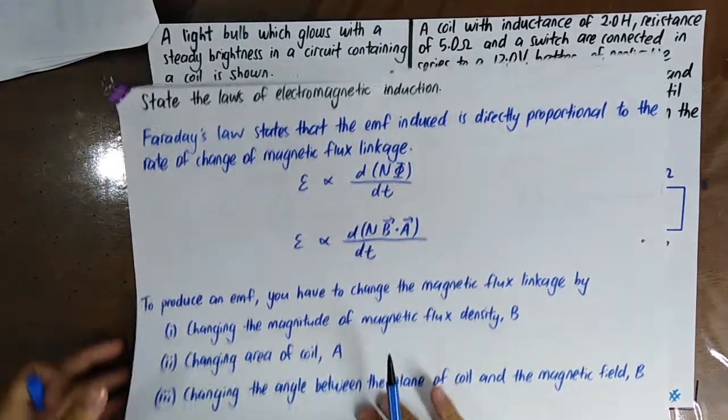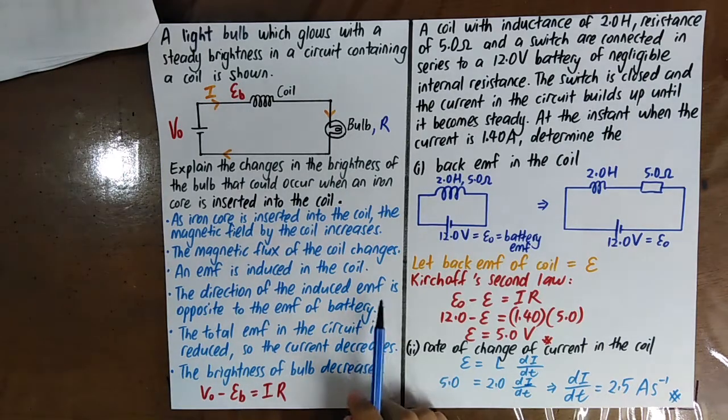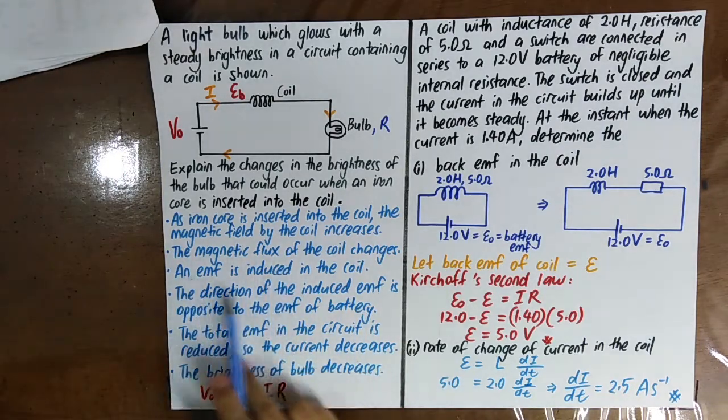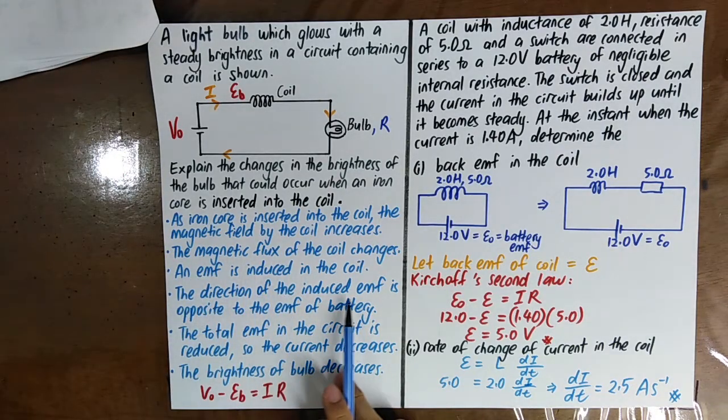So whenever there's a change of the magnetic flux linkage, there must be some induced EMF. The direction of the induced EMF is opposite to the EMF of the battery. Therefore, the total potential difference in the circuit is reduced so that the current decreases. The brightness of the bulb decreases, because V0 minus EB equals IR.